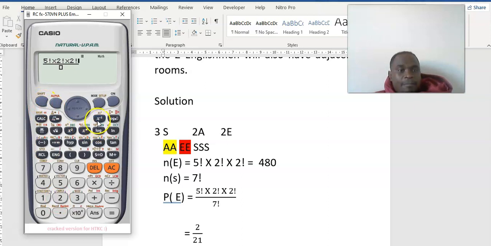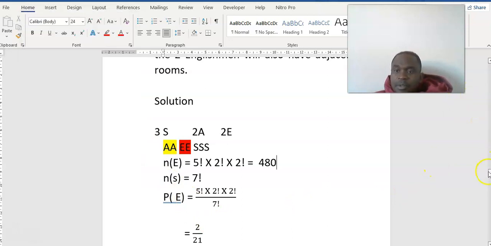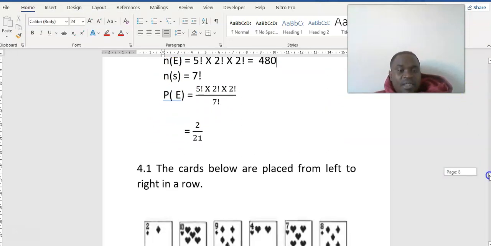Okay, so here we are going to have 6 over 7 factorial, and if I press that, I'm going to get 2 over 21. Okay, let's look at the next question.